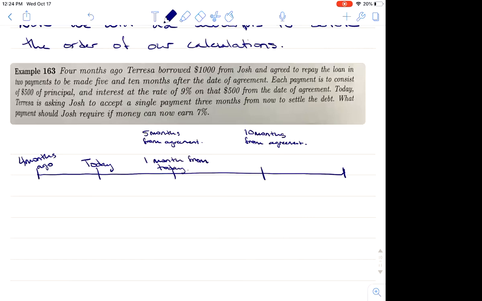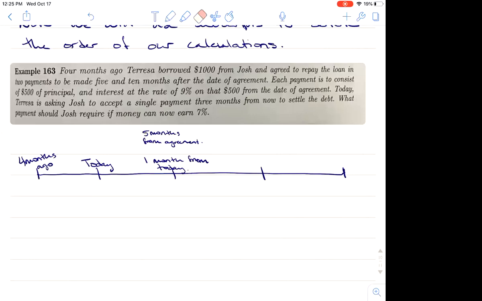I suspect that 10 months from agreement might be the last one. Okay. So 10 months from the agreement date, that was 4 months ago, that's 6 months from today. But she wants to pay it off 3 months from today. So I have to bump that 10 months from the agreement over to the last tick, because we had to figure out where the 3 months from today goes. So sometimes we have to kind of move stuff over.